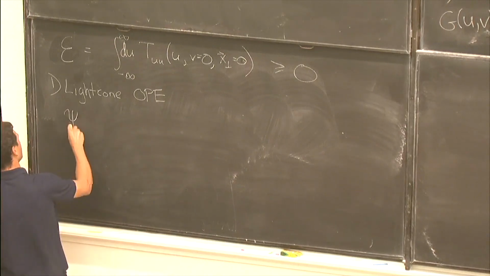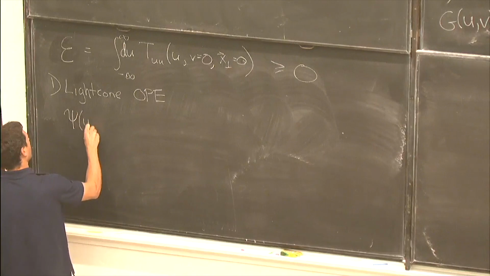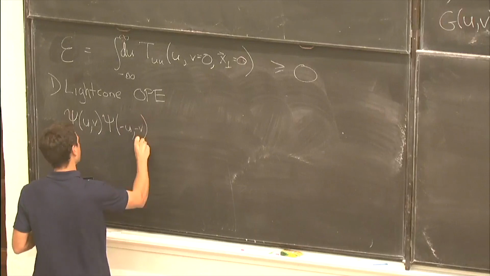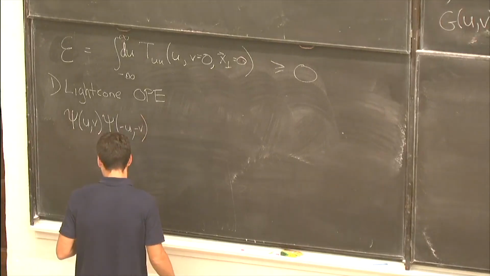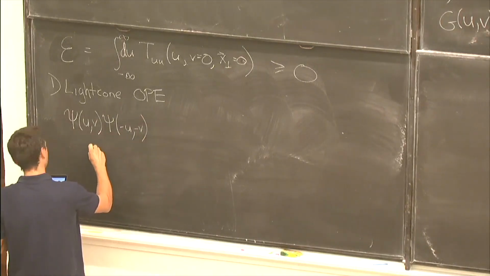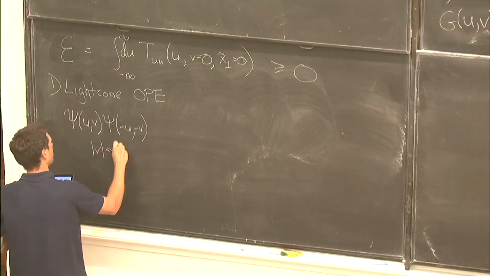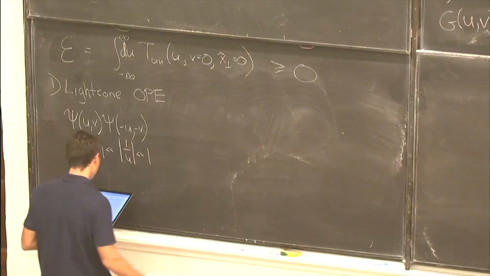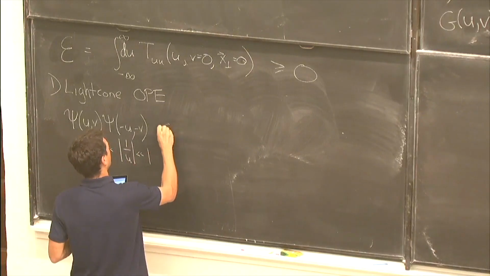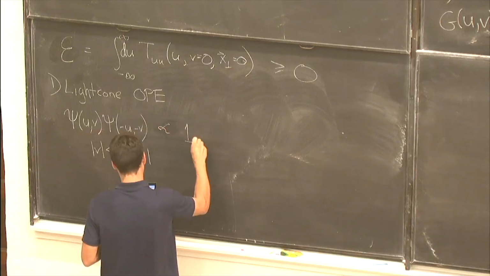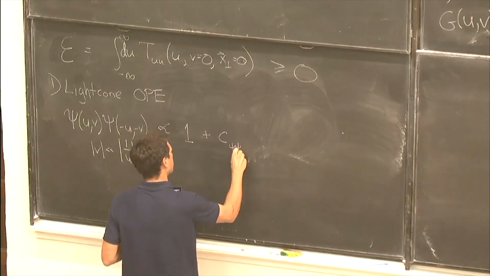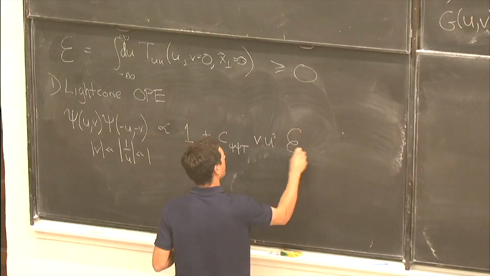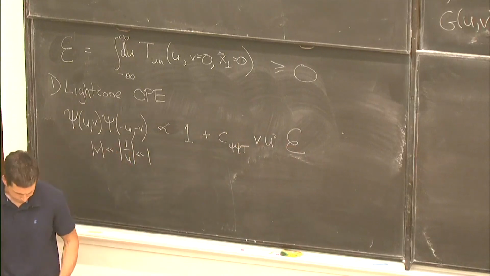So the important formula here is psi of u, v, psi of minus u, minus v, in the limit v much less than 1 over u, much less than 1, is proportional to 1 plus c_psi psi T, v u squared times the null energy operator.